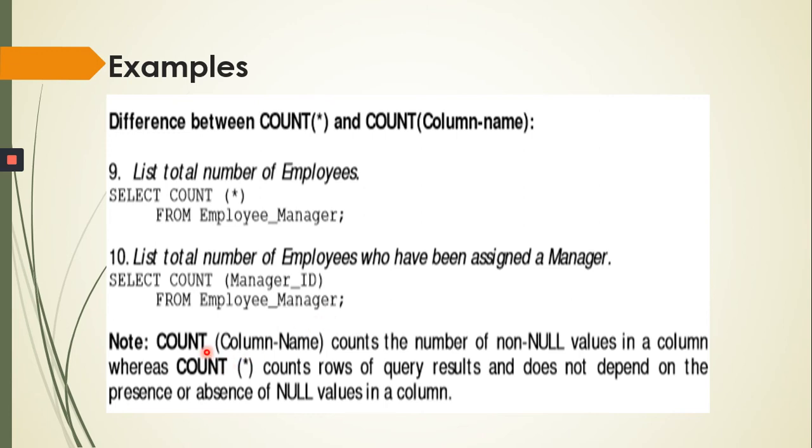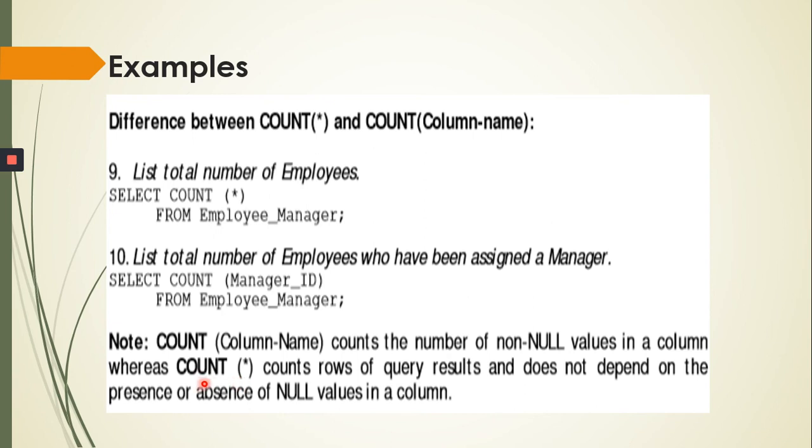Note that in COUNT's brackets we are writing a column name like this, whereas here we are using star. COUNT with a column name in brackets counts the number of non-null values in the column. When we use an aggregate function with a column name, it always ignores null values and gives only the non-null values.